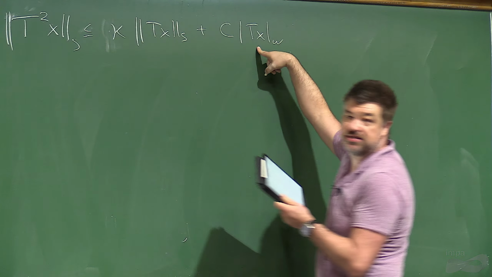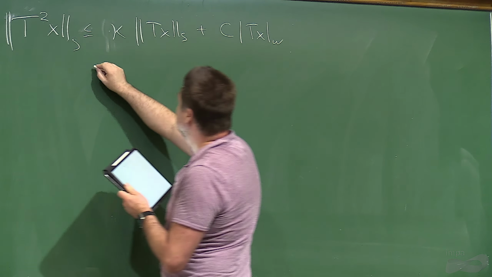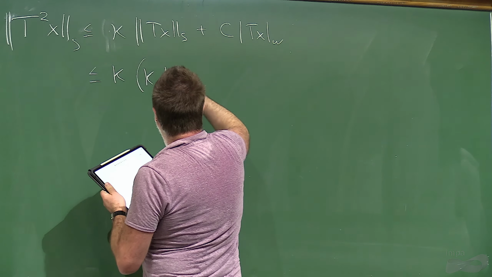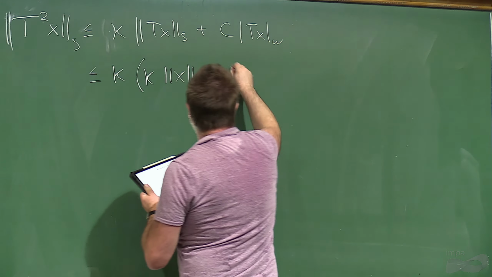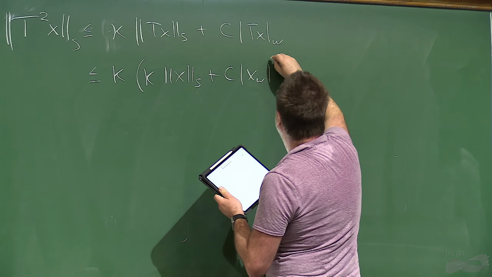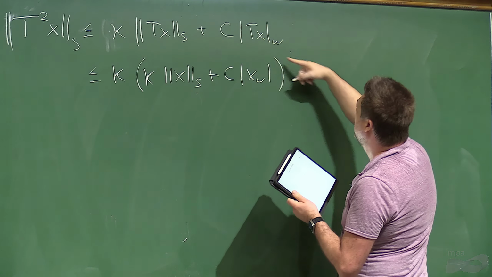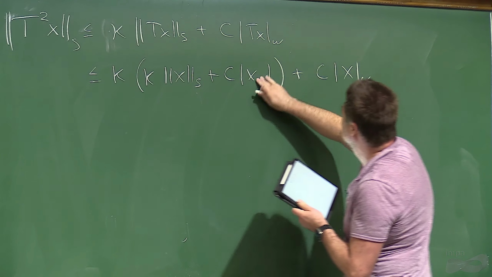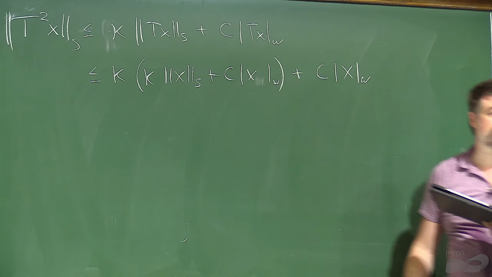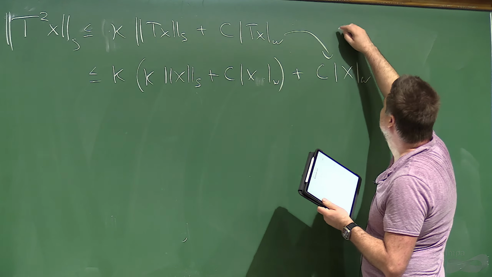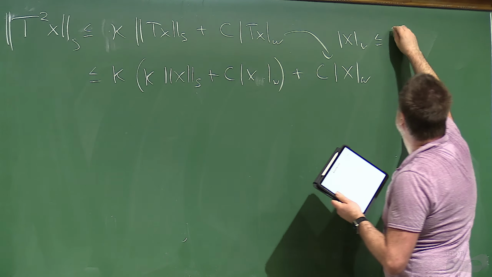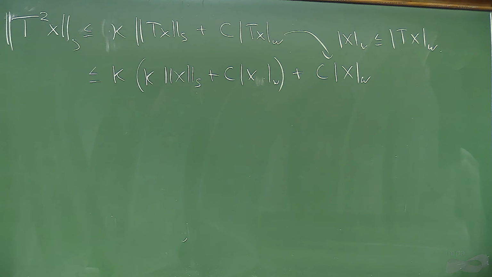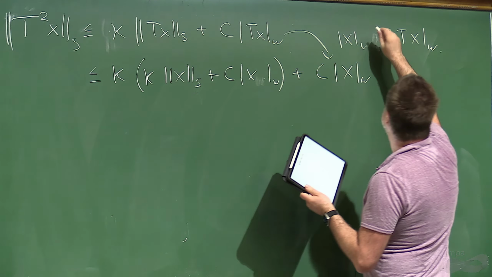And now you use that T is a contraction, and so this is at most kappa times what you had before, kappa times the strong norm of x plus c times the weak norm of x, plus c times the weak norm of x. Here you just use that the weak norm of Tx is bounded by the weak norm of x. Is that right? No, wait, other way around, sorry. This way.